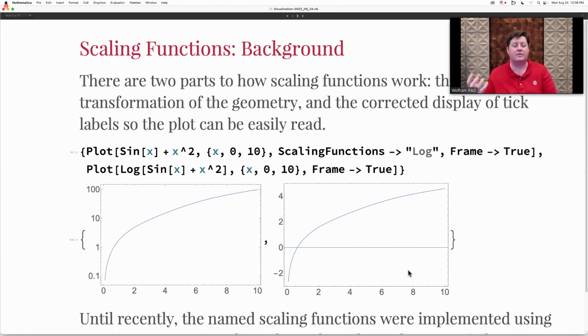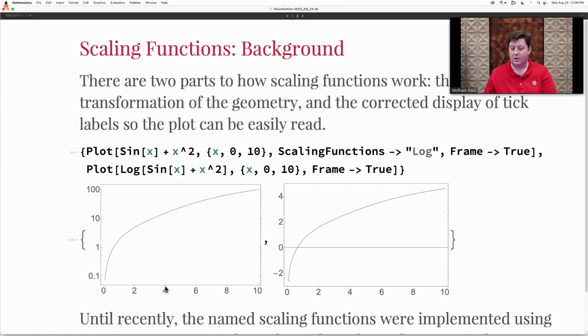The second part of what ScalingFunctions does is to then correct for that when we're looking at the axes and the ticks and that sort of thing, so that we still have meaningful numbers that reflect back on the original plot along the axis so that it's easy to read.